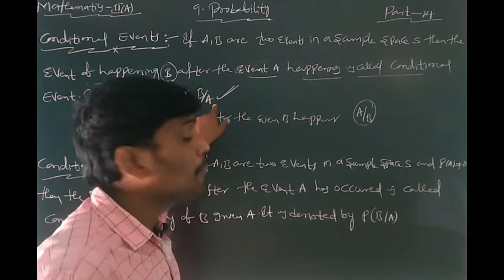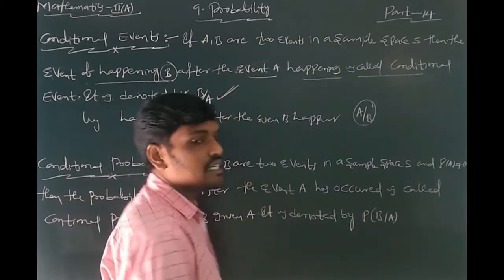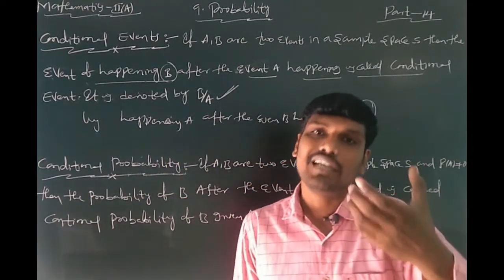In this B by A, first A happens, after that B happens. These two are the conditional event definitions.